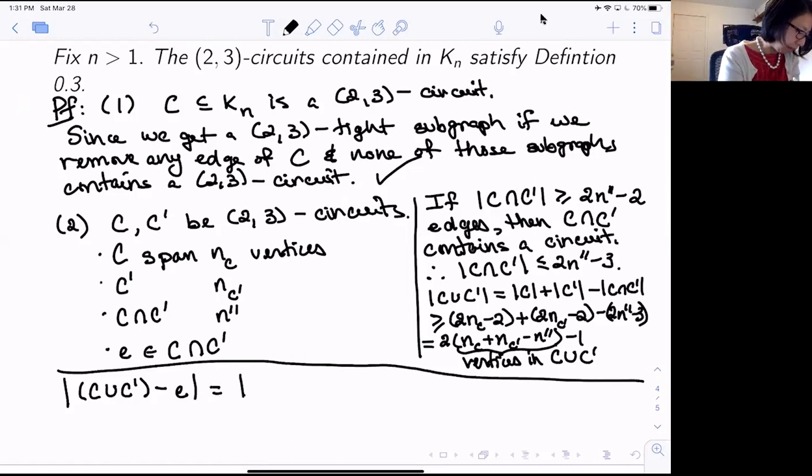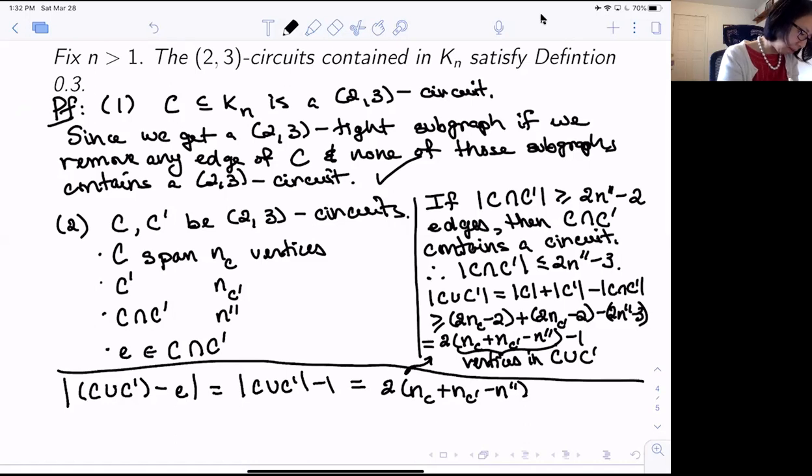So this is going to be the size of C union C prime minus 1. And we just showed over here that this is going to be 2 times nC plus nC prime minus n double prime.